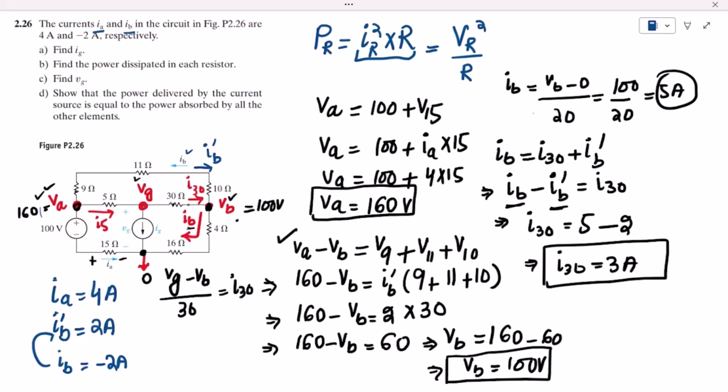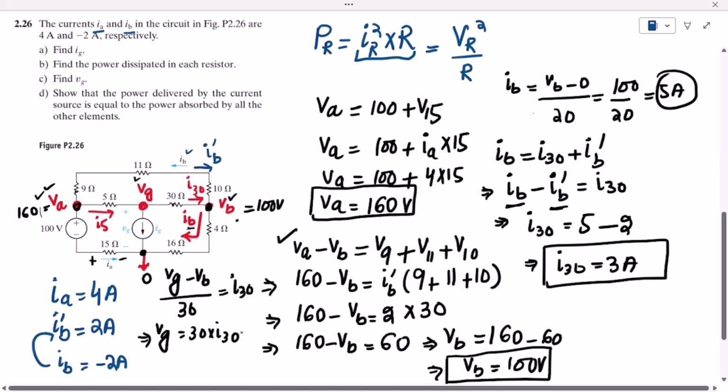We can see that this is the potential difference divided by the resistance, equal to current. Now to find the value of VG, VG is equal to 30 multiplied by I30, and VB will be added with it.